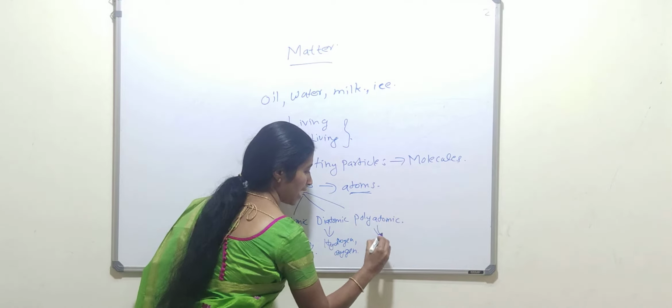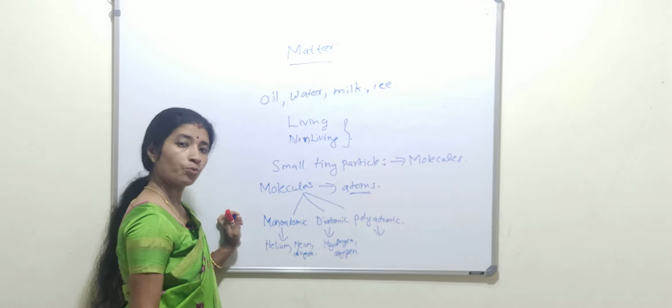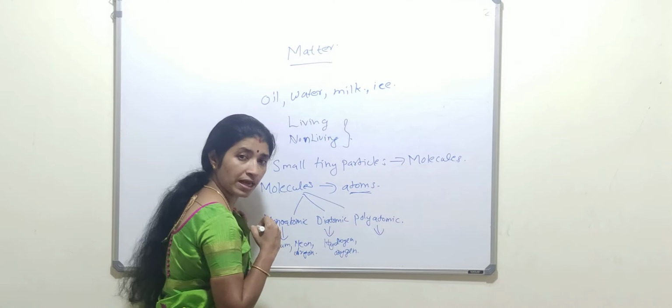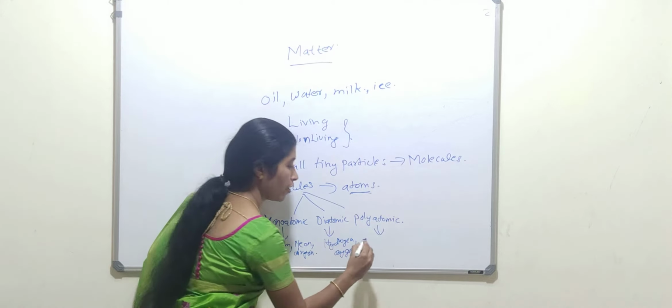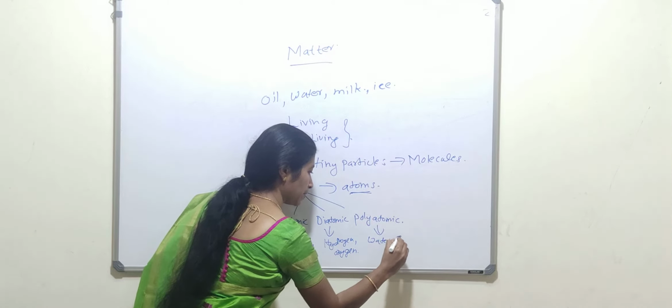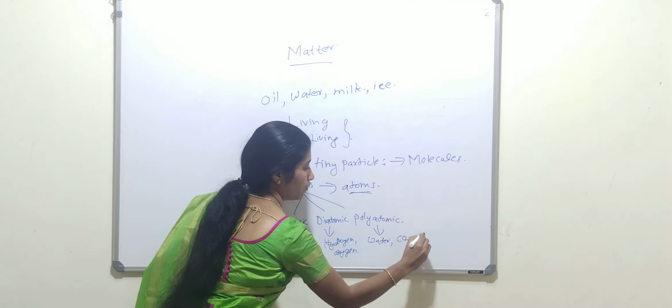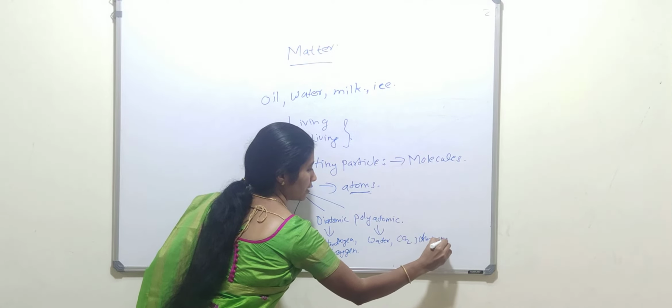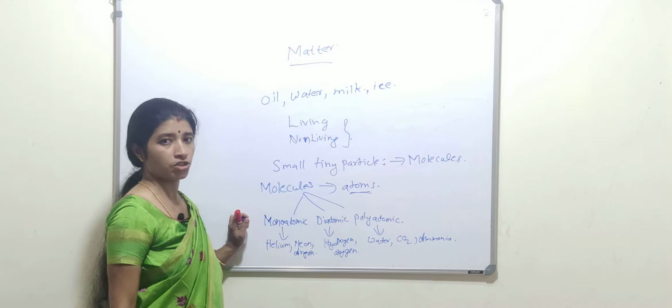Some examples of polyatomic molecules are water, carbon dioxide, ammonia, etc.